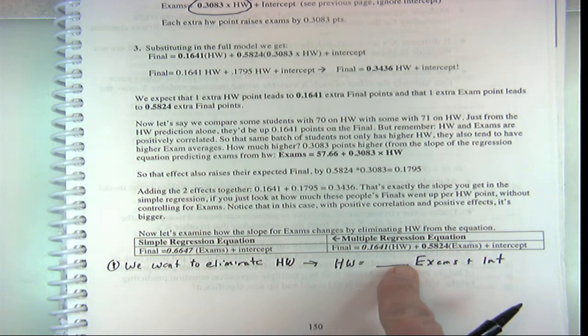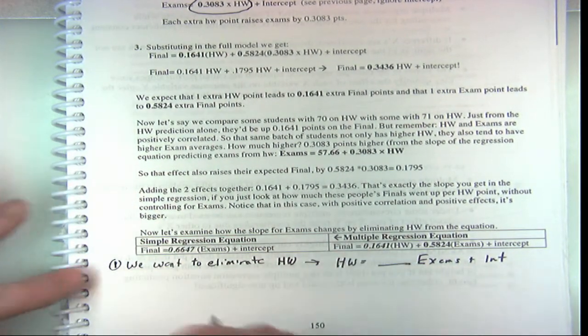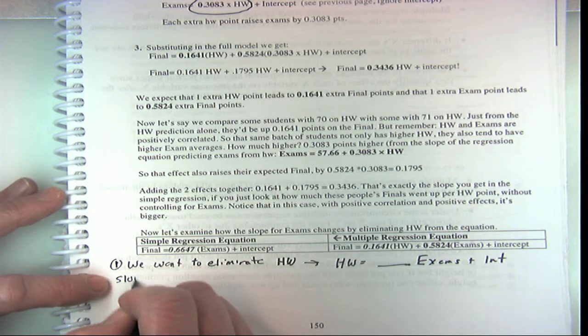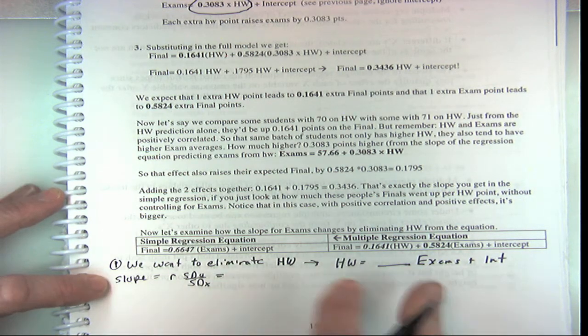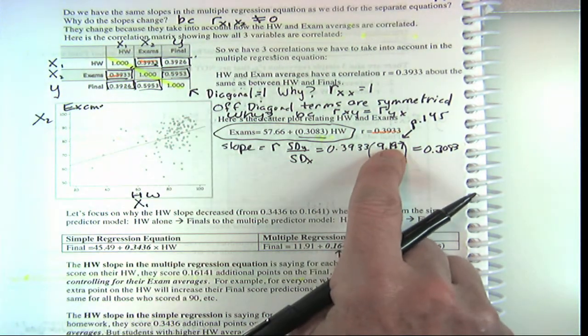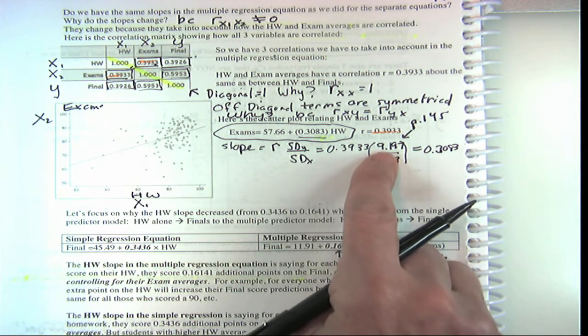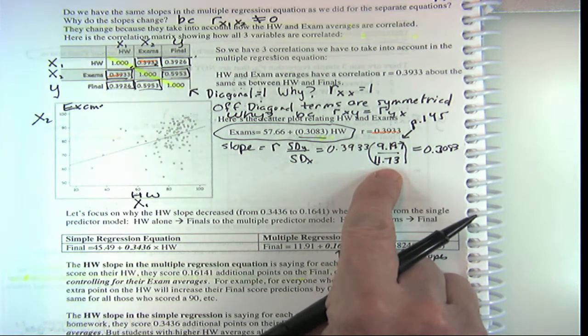And we just did it on the previous page when these were switched. So the slope, remember, is going to be r times s_y over s_x. That's the same r we used before. But now we've switched x and y, so we're just going to switch them here.